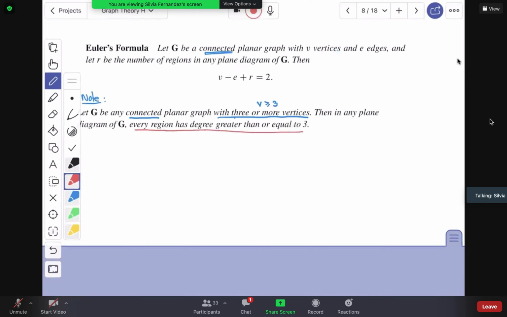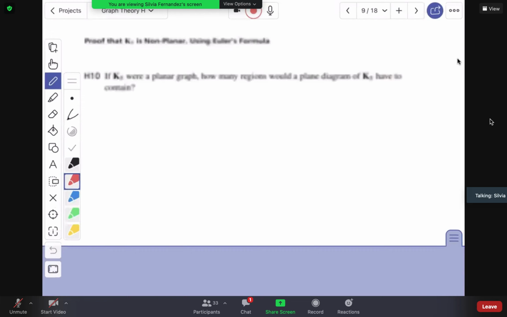So this means that all the regional degrees are greater than or equal to 3. We're going to use it in our proof. All the regional degrees are greater than or equal to 3 because K5 is connected. So we can apply Euler's formula. It has at least 3 vertices, so we can apply this.